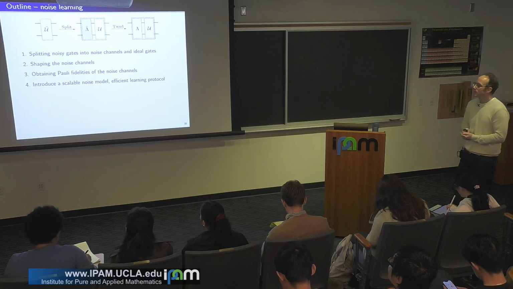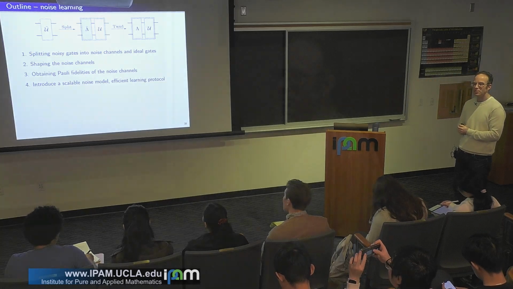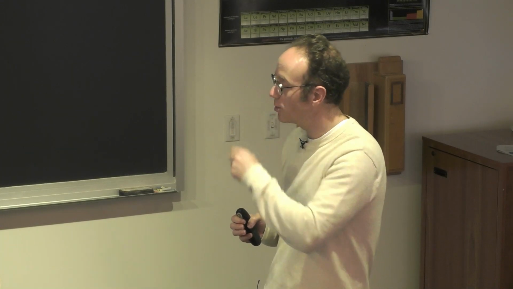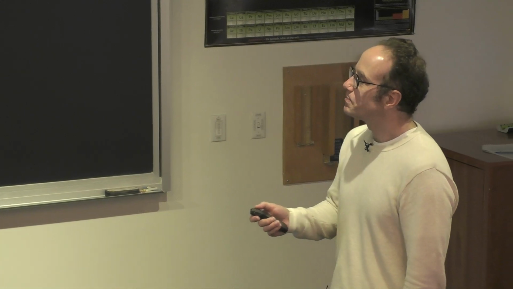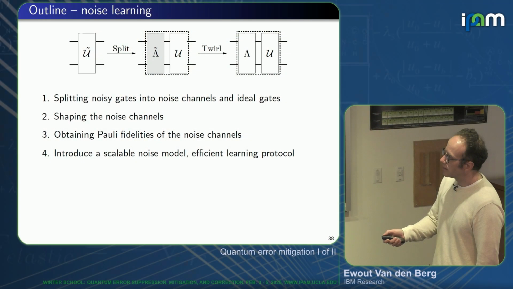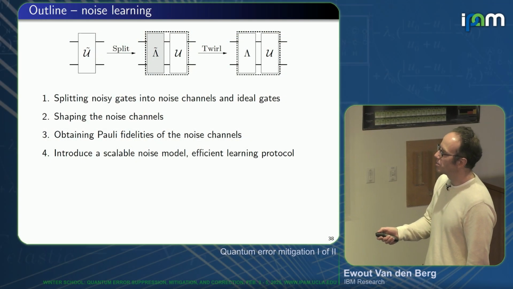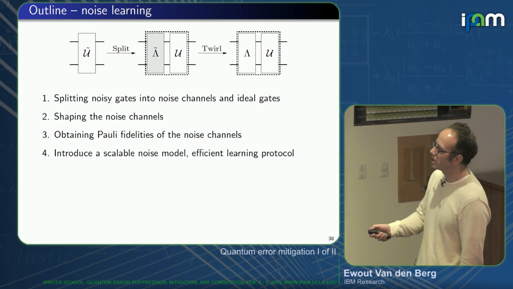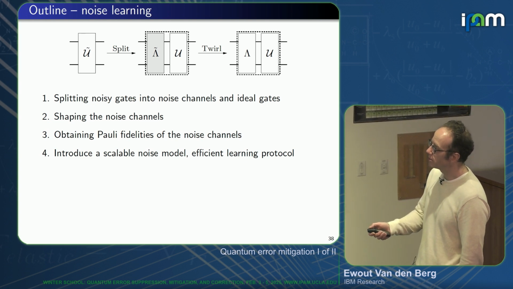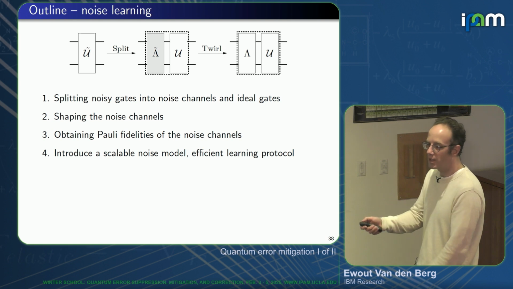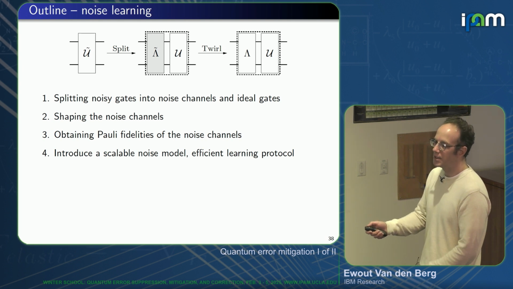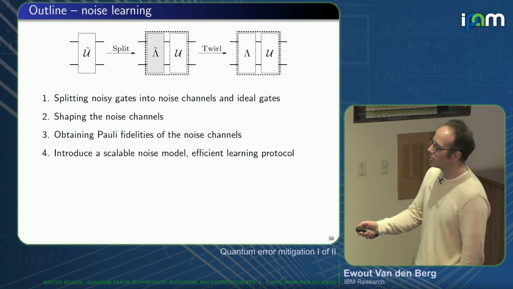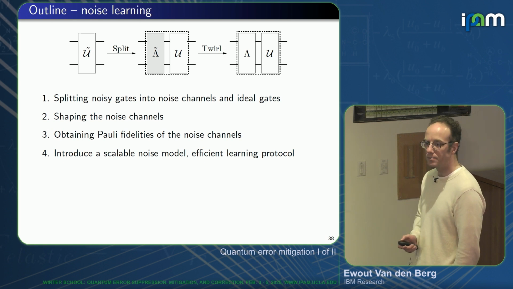So now we can get into the question of how you separate the noise from the gate, which was asked earlier. Let's assume we have some noisy gate. We want to split it into some noise term, let's say before the gate, and then the ideal gate. Later we want to twirl this arbitrary noise channel into a Pauli channel.